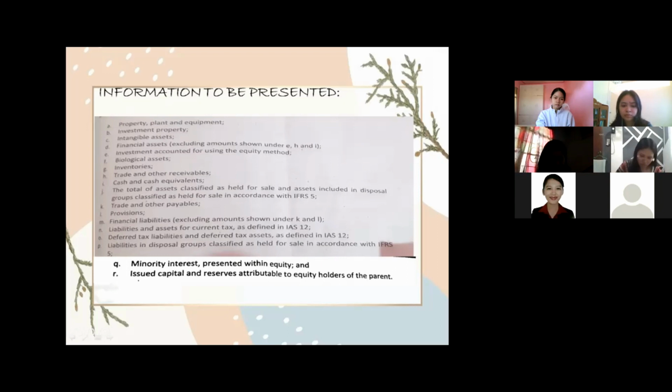P. Liabilities in disposal group classified as held for sale in accordance with IFRS 5. Q. Non-controlling interest presented within equity. And R. Issued capital and reserves attributable to equity holders of the parent.